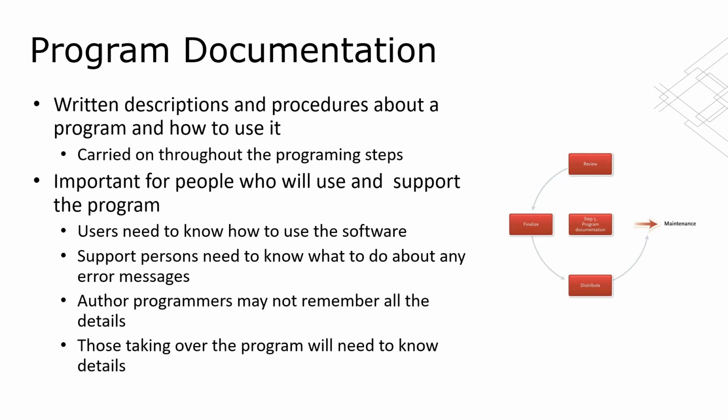It is important for people who will use and support the program, because users need to know how to use the software, and support person need to know what to do about any error messages. And the author programmers may not remember all the detail. And those programmers who are taking over the program will need to know the details of the program.